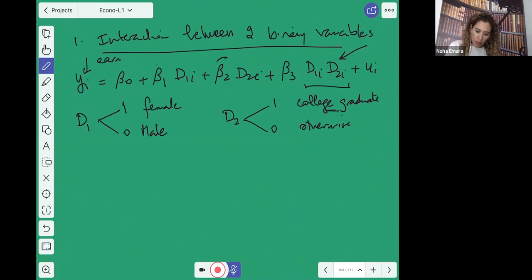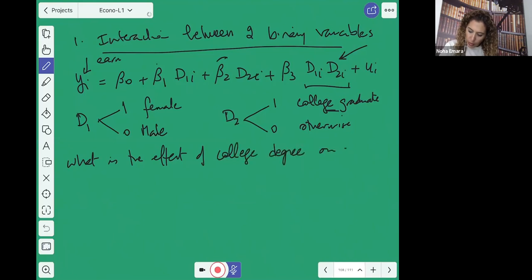It's not a continuous variable. So if I want to see the effect of a college degree on earnings, which is Y, the first thing is, what is the effect of no college degree?